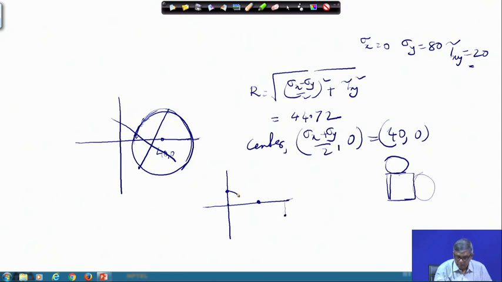I can join these and draw the circle, or taking this as center and with that radius you can also do it, either way. So, your circle will become something like this.